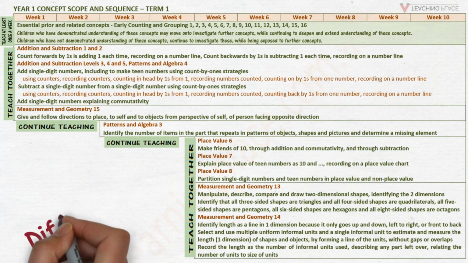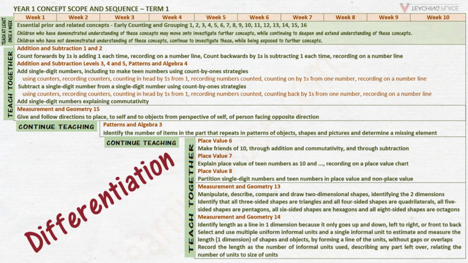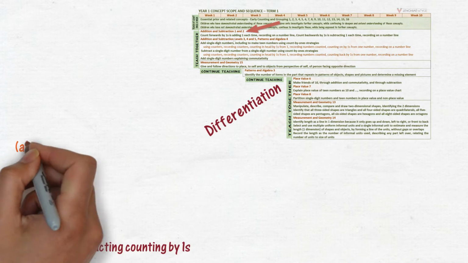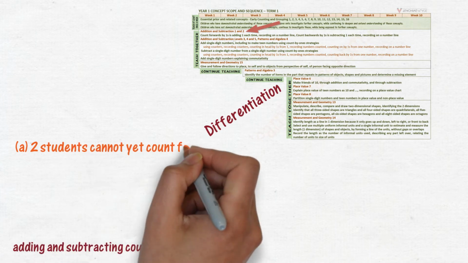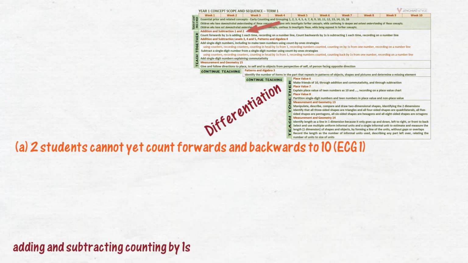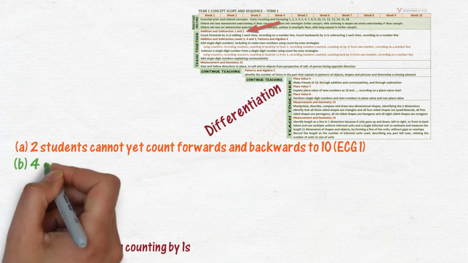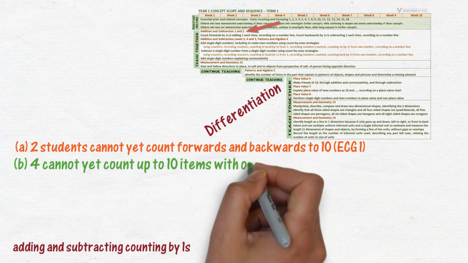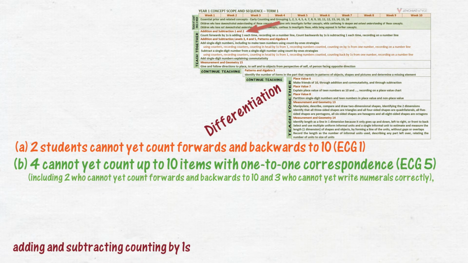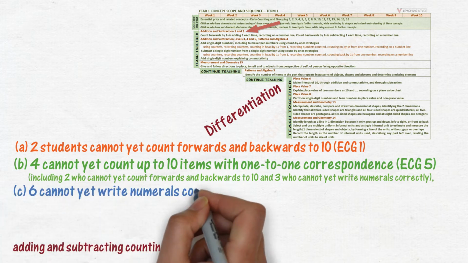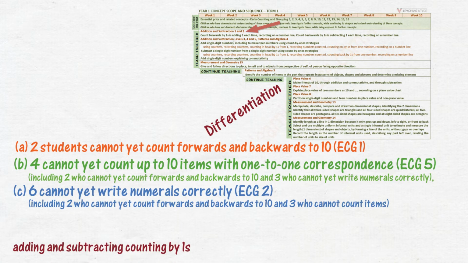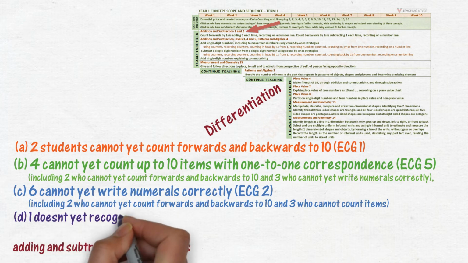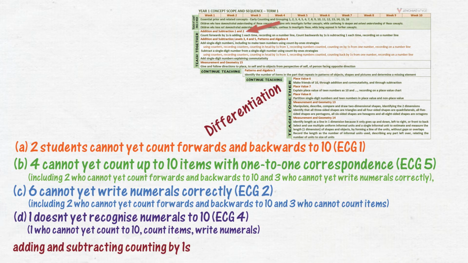This will require differentiation. For example, you want to begin teaching adding and subtracting counting by ones, but A, 2 students cannot yet count forwards and backwards to 10. B, 4 cannot yet count up to 10 items with one-to-one correspondence. C, 6 cannot yet write numerals correctly. And D, 1 doesn't yet recognise numerals to 10.